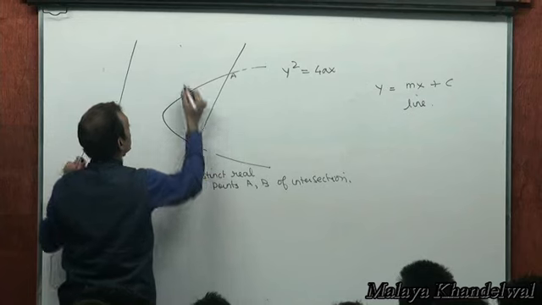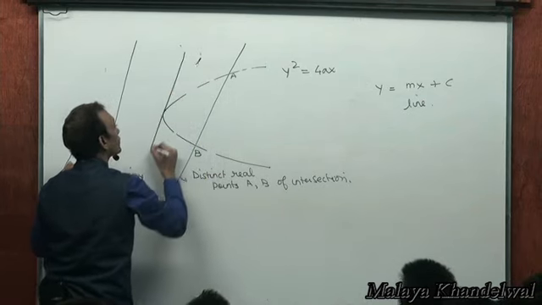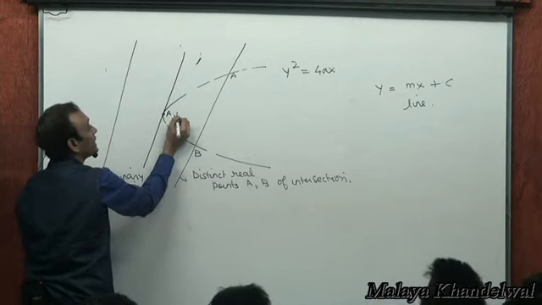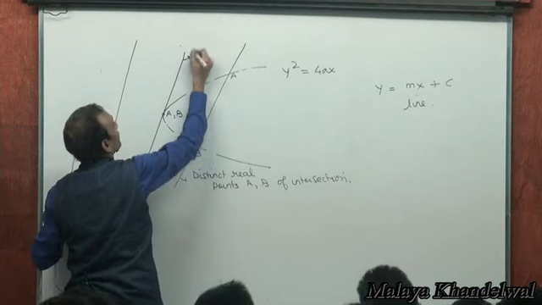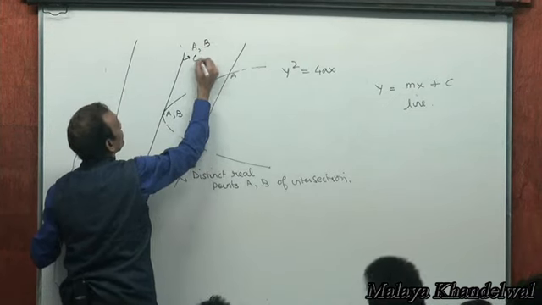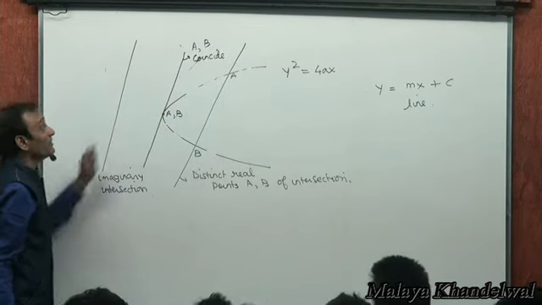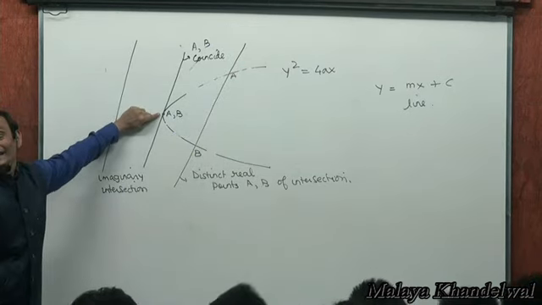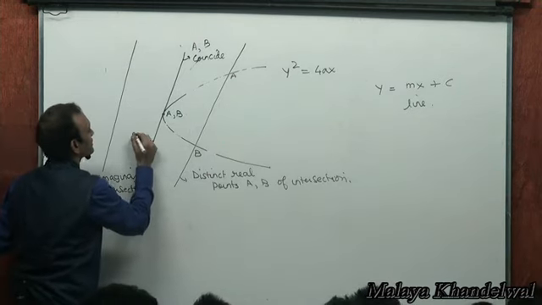Or three, coincident real points with the parabola. In this case a and b coincide, right, a and b coincide, coincident real points, and when this happens the line is rendered a tangent. That's when the line becomes a tangent.